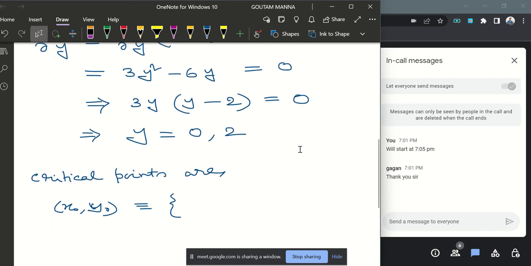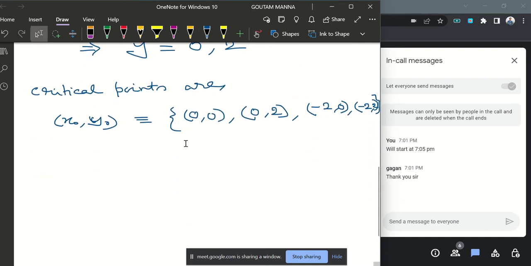So the points are 0 0, 0 2, minus 2 0, and minus 2 2. So there are 4 critical points.